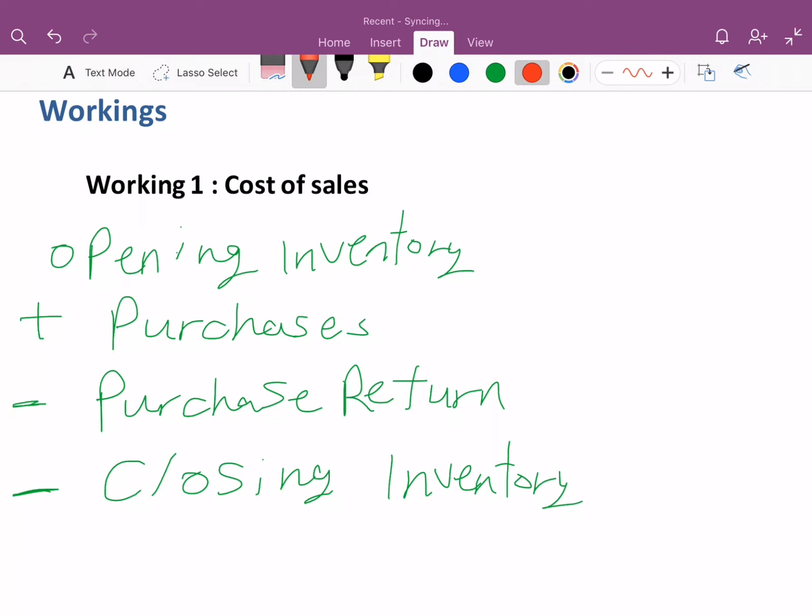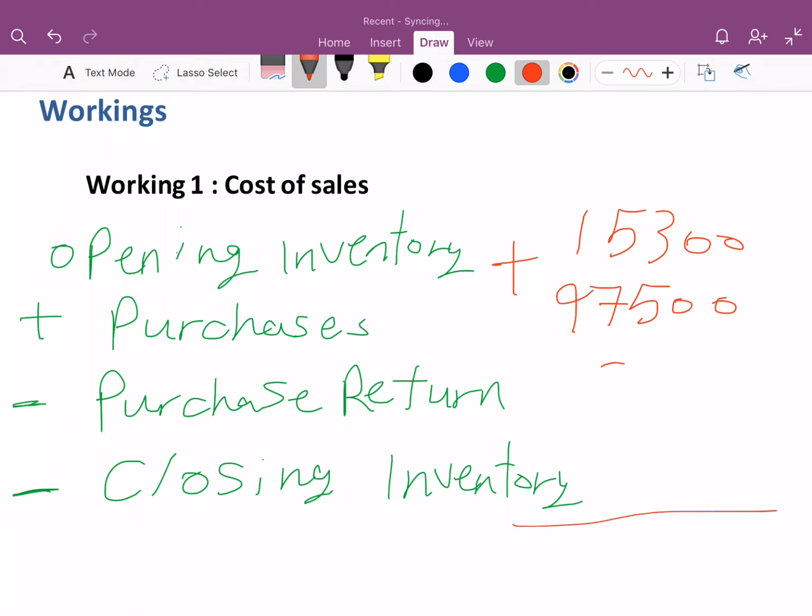Okay, so the opening inventory is 15,300 plus the purchases which is 97,500. So you're going to work that out, and we don't have any purchases return, and we don't have the information for the closing inventory.